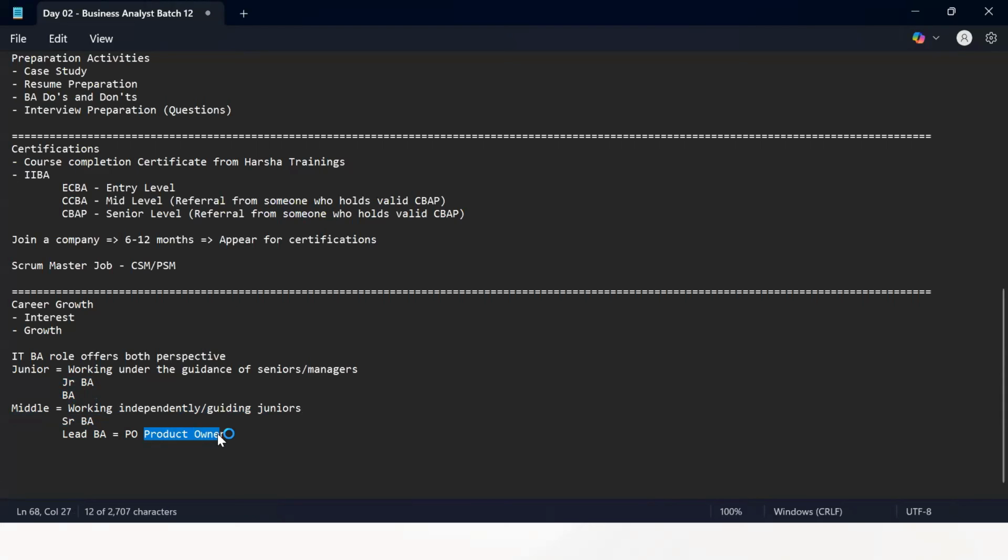If we continue to sit as BA, then the reason why we came, if we came because of growth reason, and if we continue to sit as a BA, then we are going against our reason. So eventually our goal is to slowly transition from BA to senior BA, and from a senior BA into the product owner role.